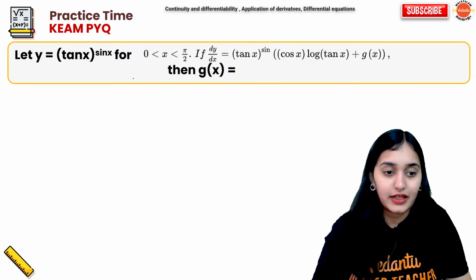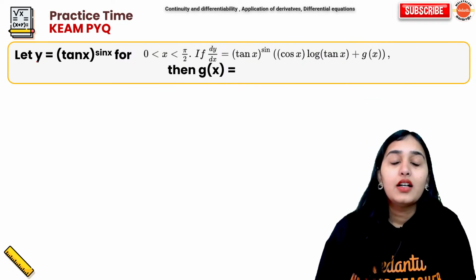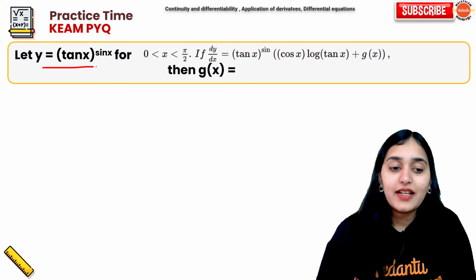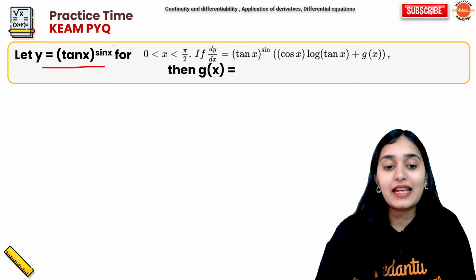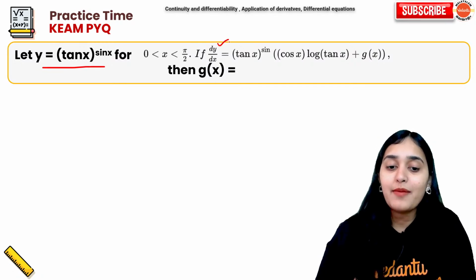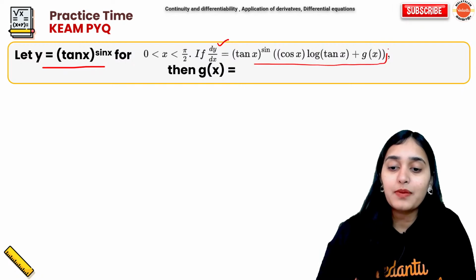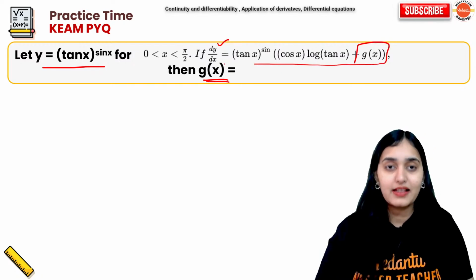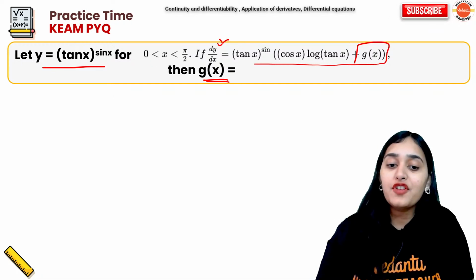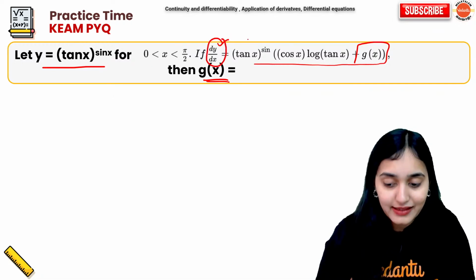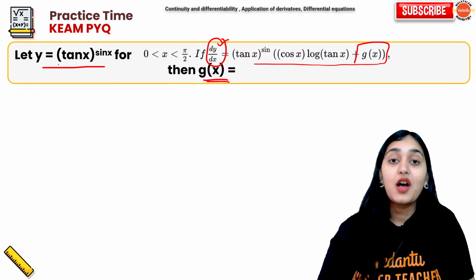Let's come here. Now you have a function y is equal to tan x to the power sin x. They are asking if dy by dx is equal to this plus g(x), what is g(x)? First, you have to find out dy by dx. How will you find out dy by dx? What did I tell you?